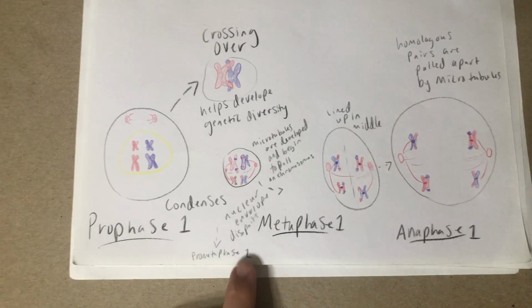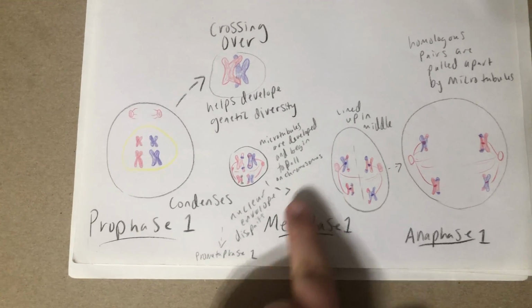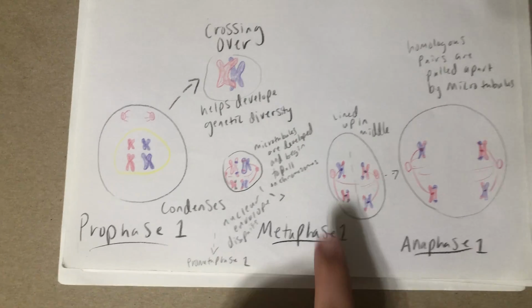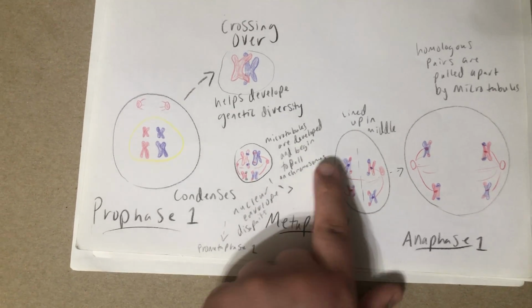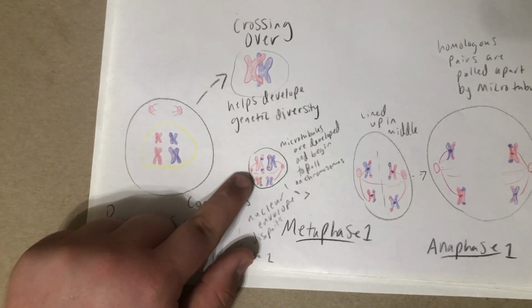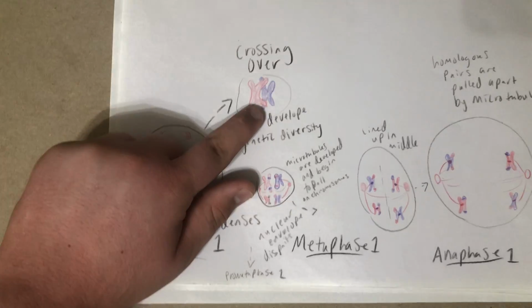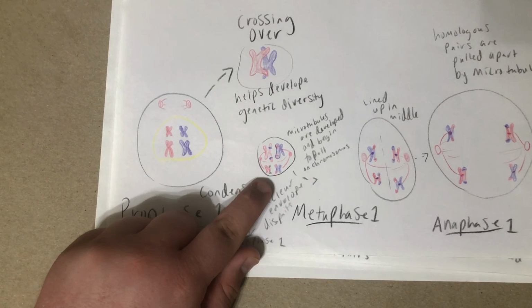You can see right here in prometaphase 1, microtubules are developed and begin to pull on chromosomes. We can see these chromosomes look different because they have a piece from each other, and it can be seen down here.